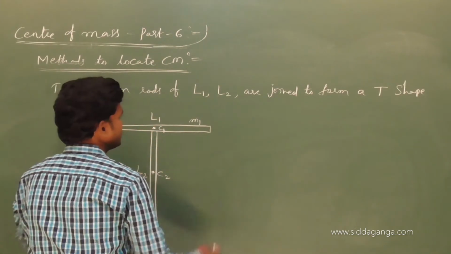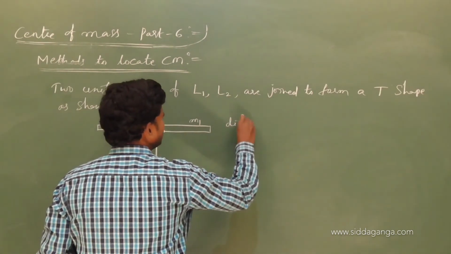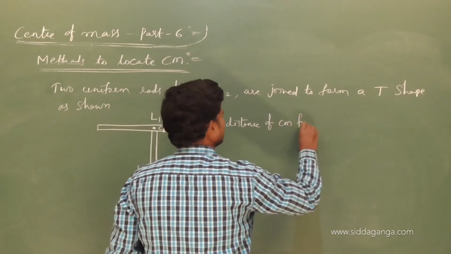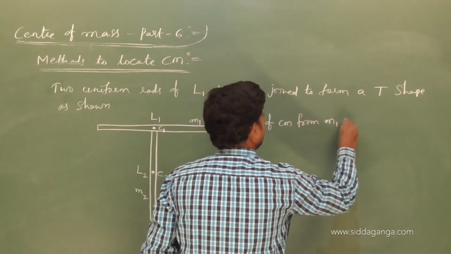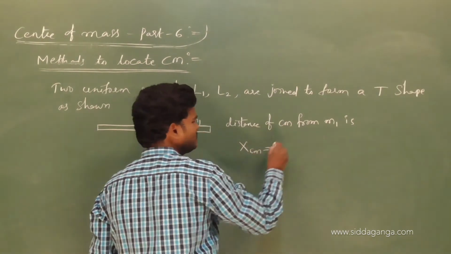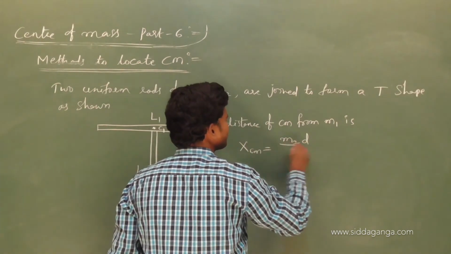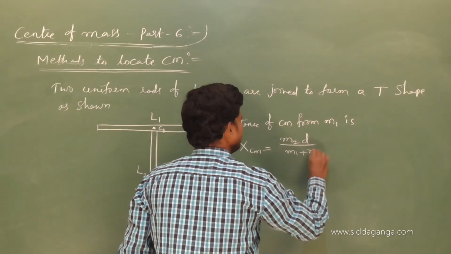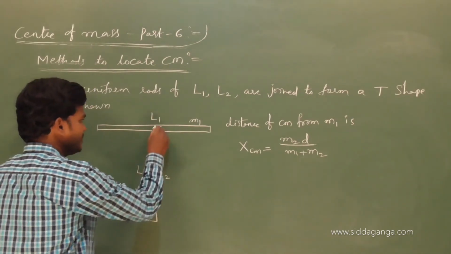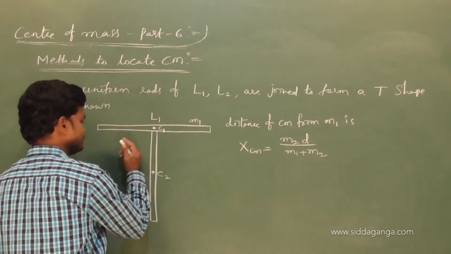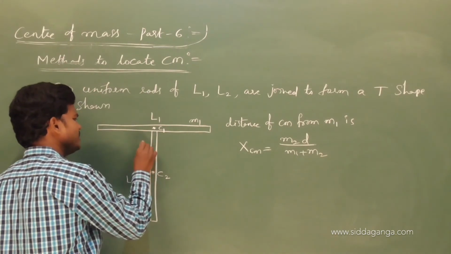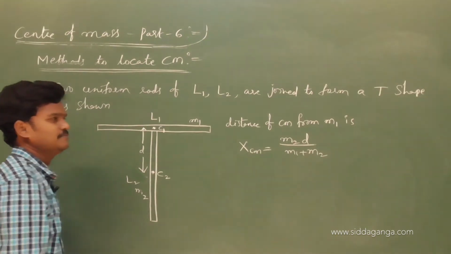So the distance of the center of mass from M1 is, I am using the HCM formula, opposite mass M2 D by M1 plus M2. What is D? D is the distance between the two centers of mass.